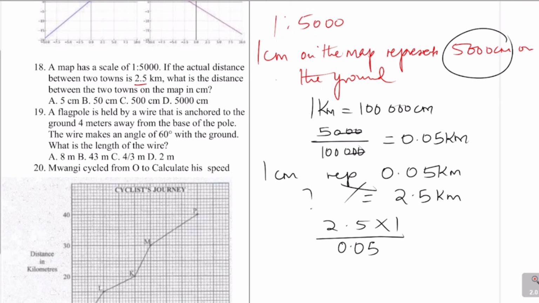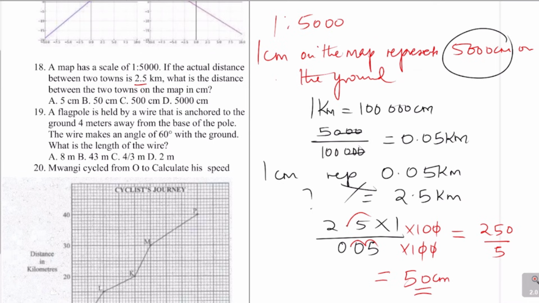Multiply both numerator and denominator by 100 to get rid of the decimal places. The numerator gives 250, and the denominator gives 5, so 250 divided by 5 gives 50 centimeters.